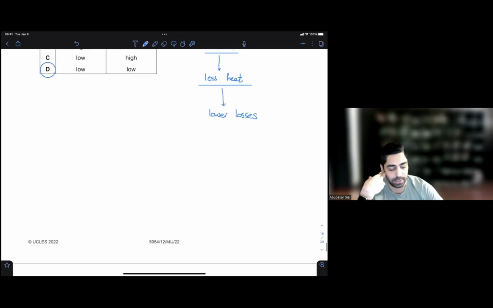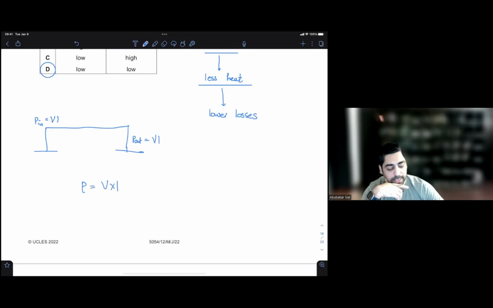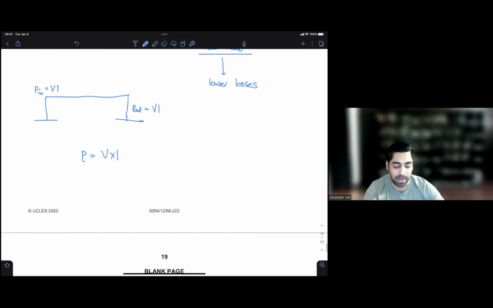And what's the logic? If you start from here and you go to another place, if you ignore power losses for a minute, what's the input power? It's V times I. What's the output power? It's also V times I. Generally, what is P? Simply V multiplied with I. What that means is that, let's say the power is 1,000 watts.